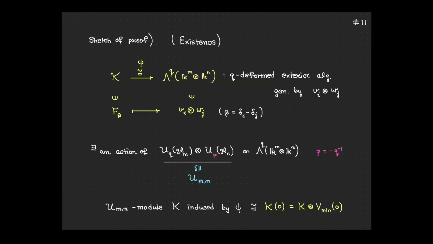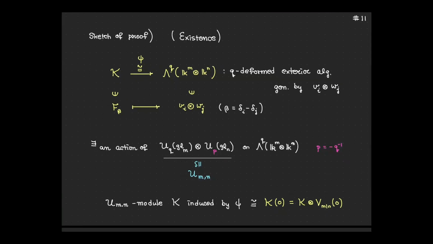And on this q-deformed exterior algebra generated by that space, there is a natural action of the quantum group of gl_m plus gl_n, or more precisely, an action of U_q(gl_m) tensor U_p(gl_n), where p is minus q inverse.